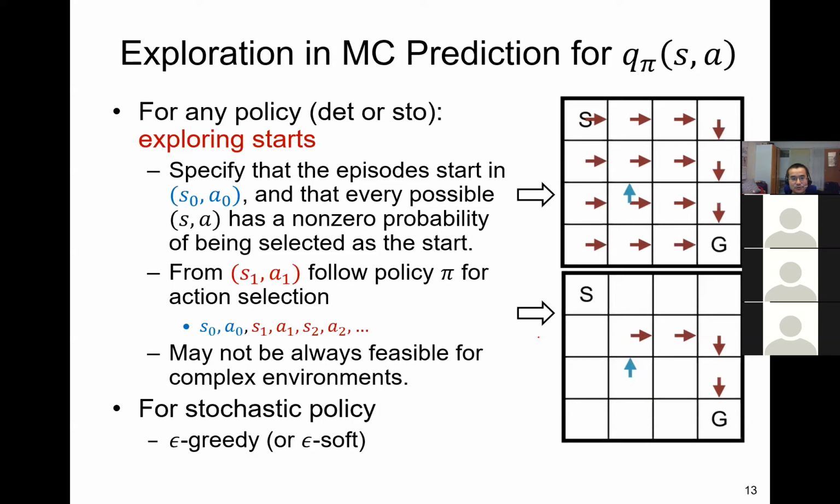So for example, in this grid world, you have the deterministic policy, but it may not be optimal. You want to improve it by doing Monte Carlo.